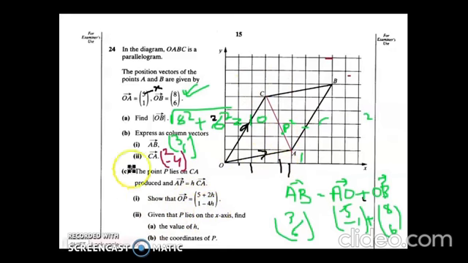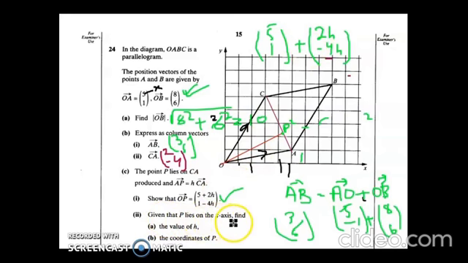Let's make an OP line so that we can actually see. Basically, OP is OA plus AP. We already know that AP is h times CA. So OP is OA, which is 5, 1, plus AP. AP is h times CA, and we have already found CA. So it's 2h, minus 4h. When we add them, this becomes 5 plus 2h and 1 minus 4h. So we have shown that.